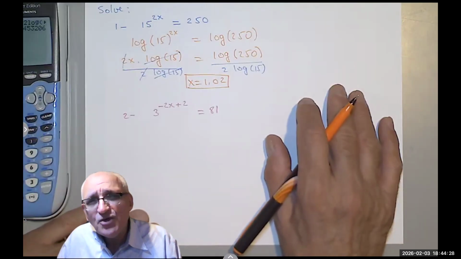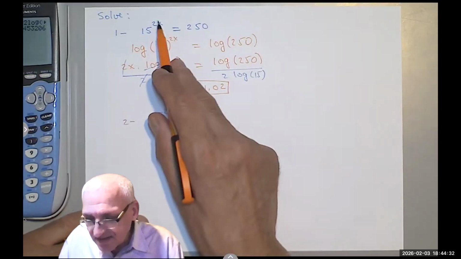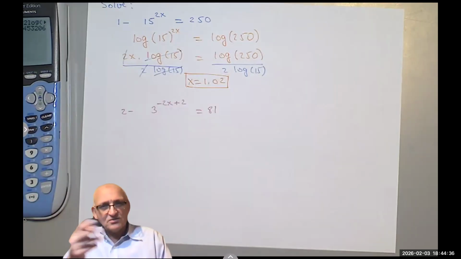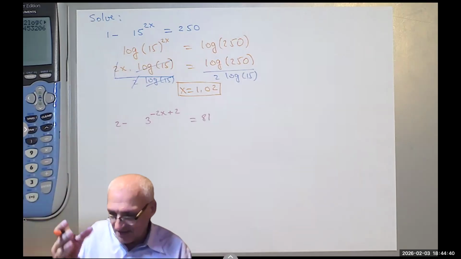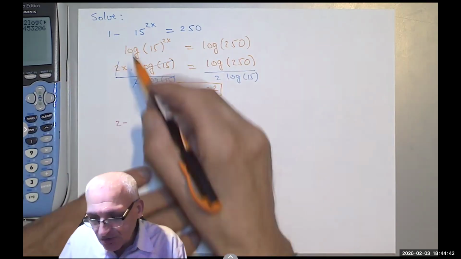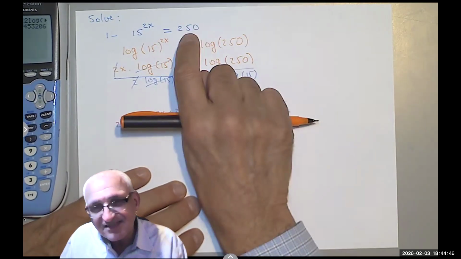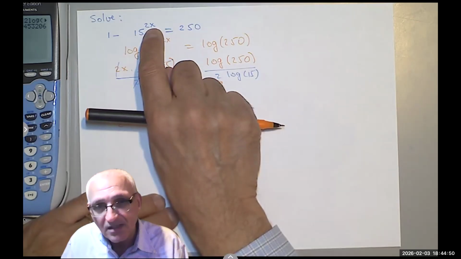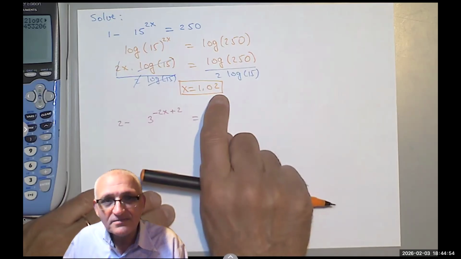Okay, we knew that 15 squared is 225, right? Did I show you how to square a number that ends with 5? If you don't know, it's in the playlist. So 15 squared is 225. To get 250, you need to increase the x a little bit. It's not 1, so that's why it's very close to 1.